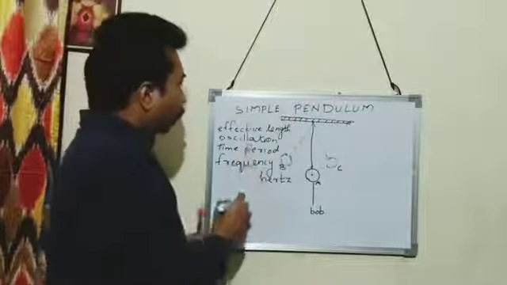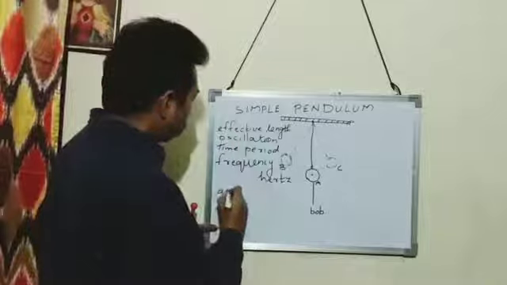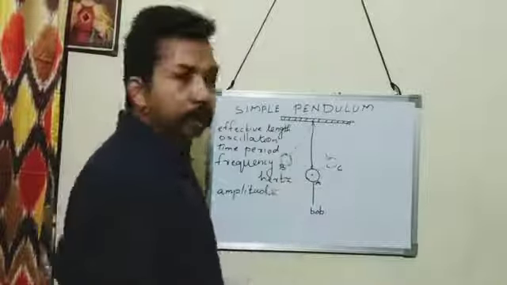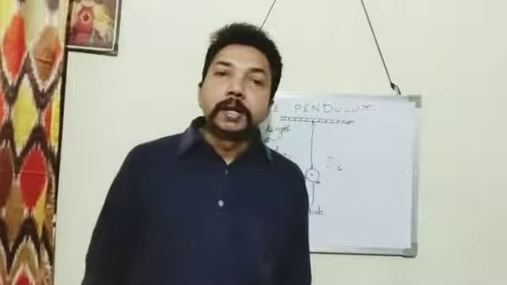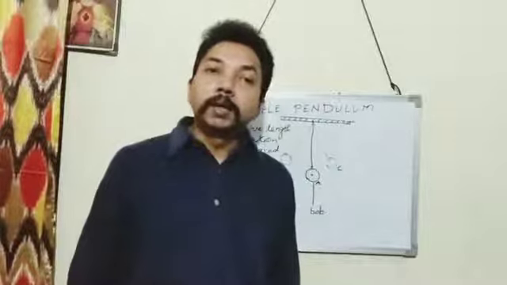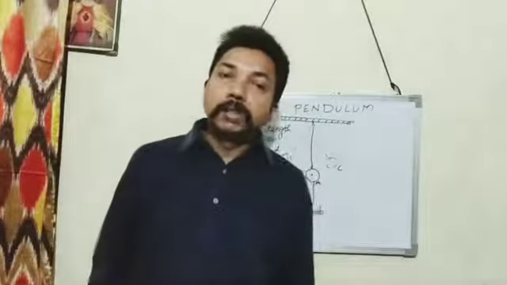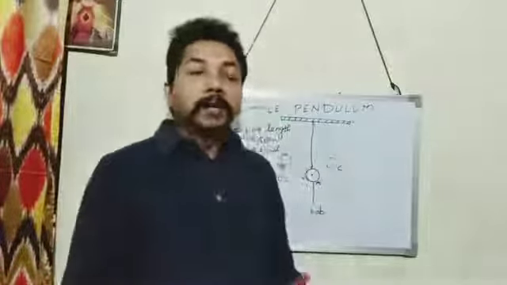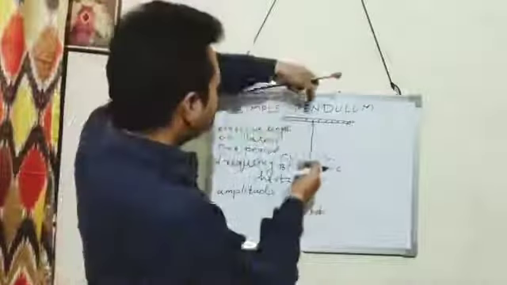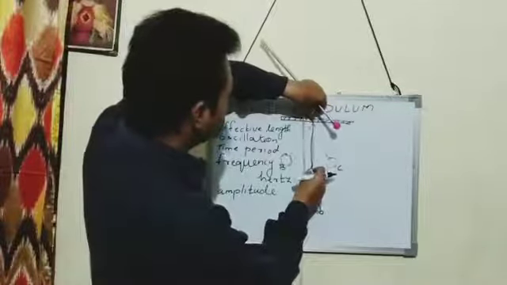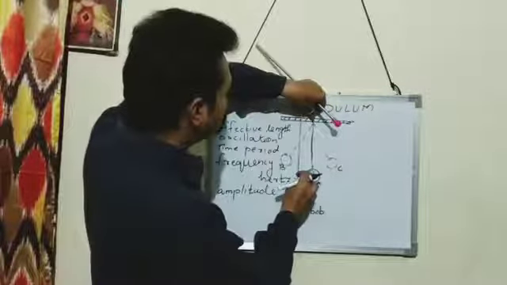Then another term, amplitude. Amplitude is the maximum displacement of the bob from its mean position. For example, suppose this is a simple pendulum. This is the mean position.